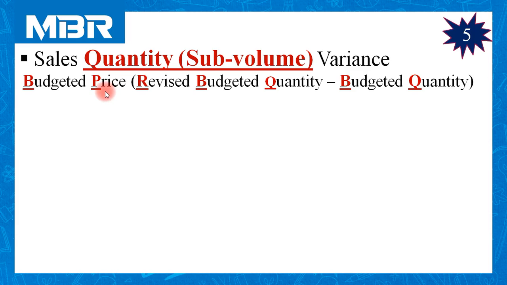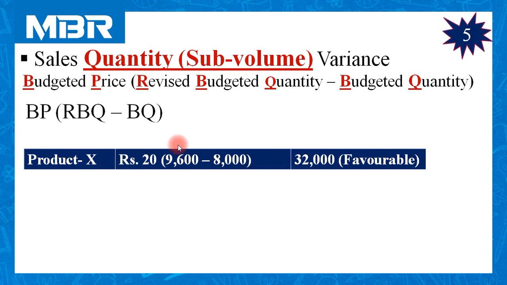Formula: budgeted price into bracket revised budgeted quantity, that is RBQ, minus budgeted quantity BQ. You can change the factors, budgeted quantity minus revised budgeted quantity; ultimately, your result remains the same. Budgeted price into bracket RBQ minus BQ.